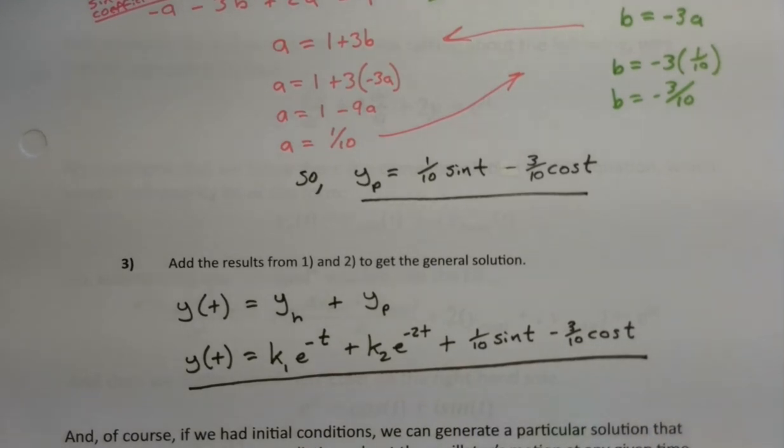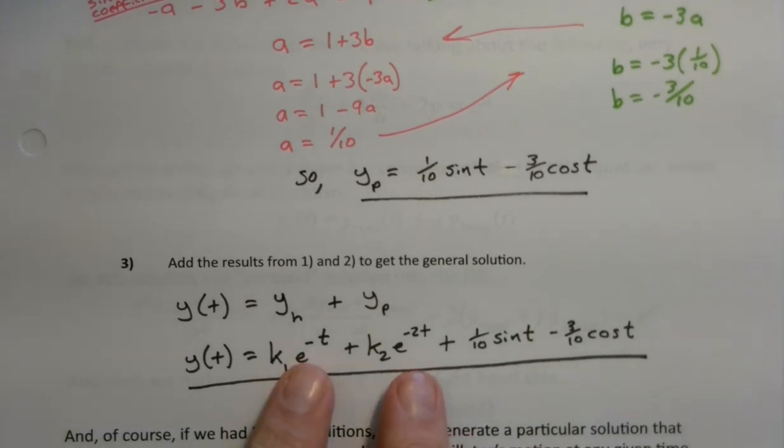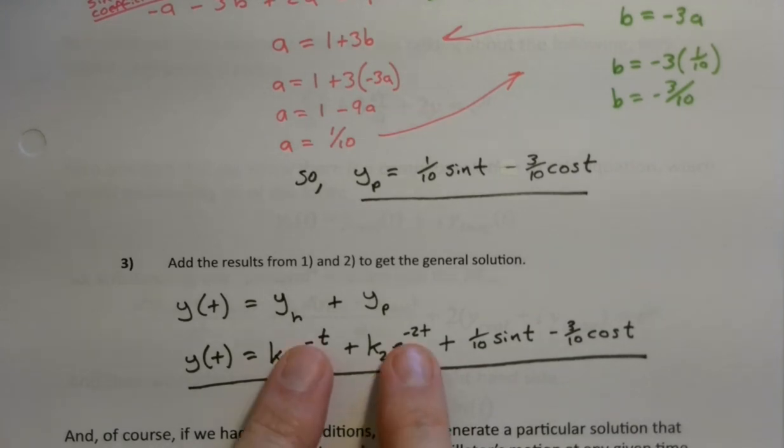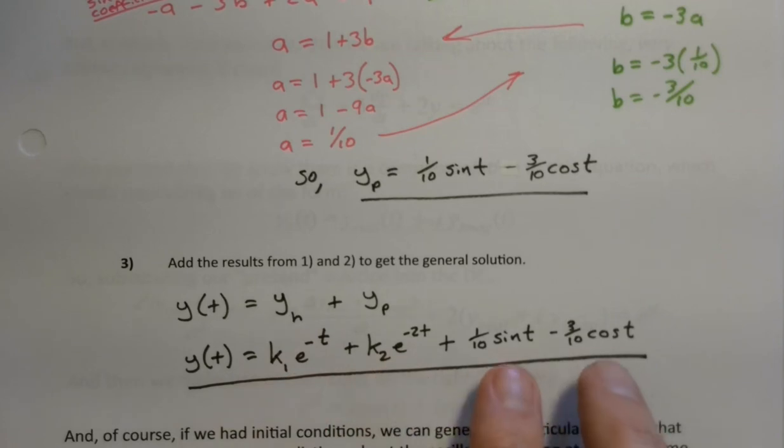And of course, we can plug in initial conditions. We can figure out what K1 and K2 are for particular situations. And also keep in mind that this is the general solution, and so over time, no matter what the K1 and K2 values are, these two terms are going to disappear because they're exponentially decaying. But these two terms will not. These two terms are going to be the long run part of our solution.